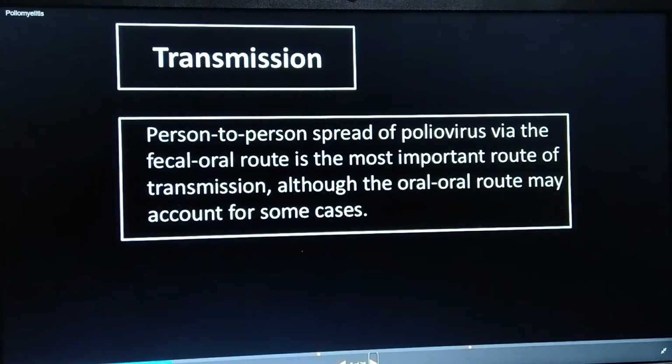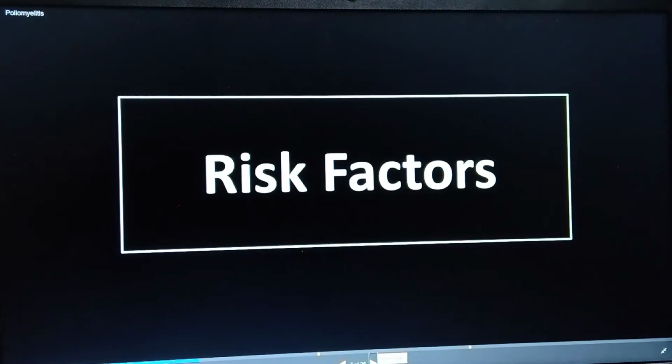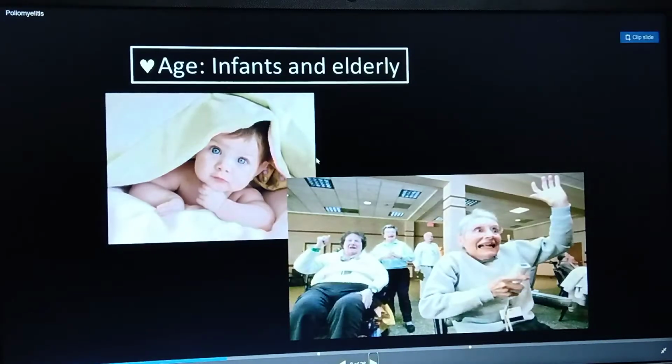How does the infection transmit? It is a person to person spread of polio virus, and it is spread by the fecal-oral route. These are the two main routes by which they transmit the infection from one person to another. What are the risk factors for getting the polio virus? First is infants and the elderly.